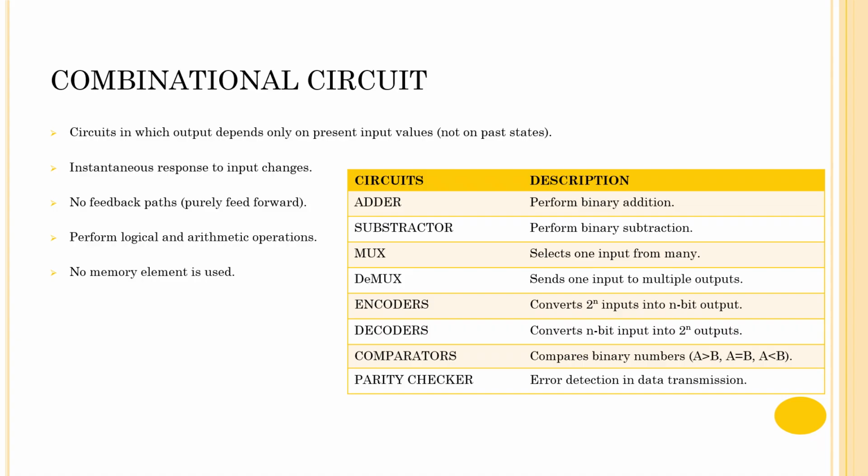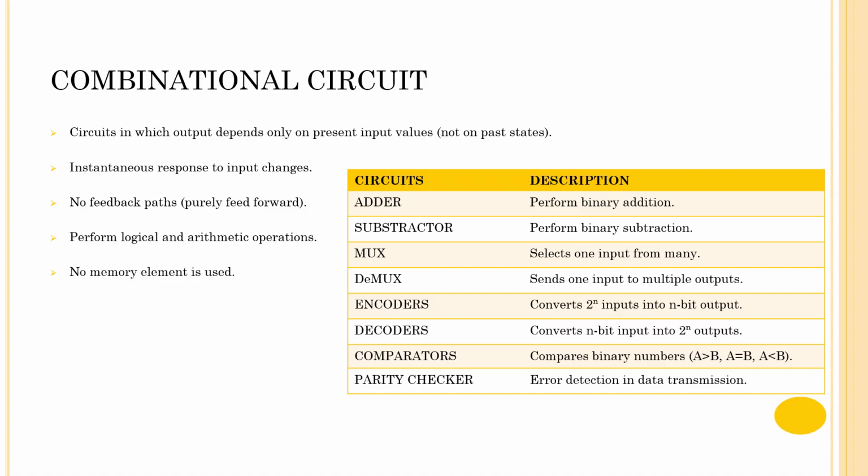All these circuits are designed using truth tables and Boolean expressions and can be optimized using K-maps or logic synthesis tools. For example, a 4-bit adder-subtractor circuit, an 8:1 multiplexer, a 3:8 decoder, or a digital comparator inside a microcontroller, all are combinational designs.